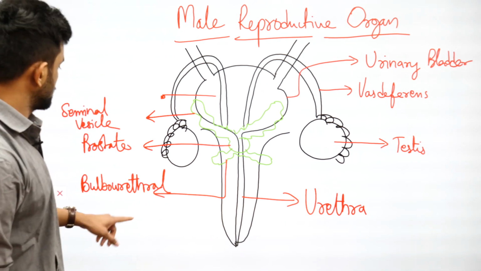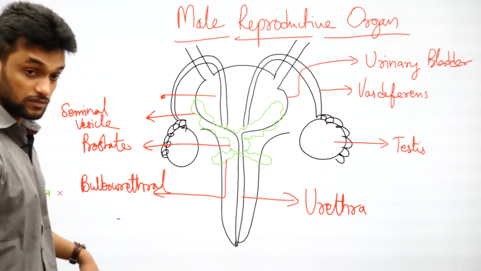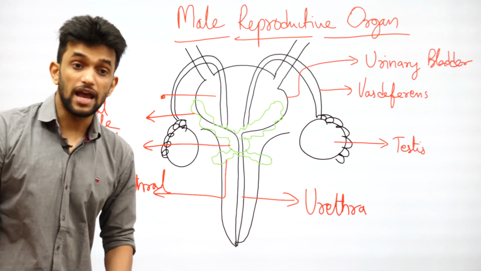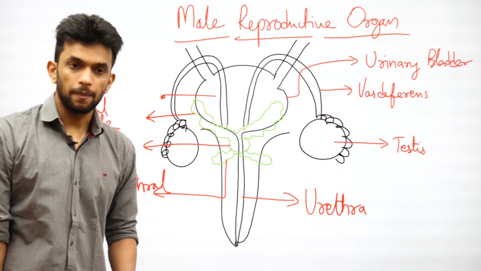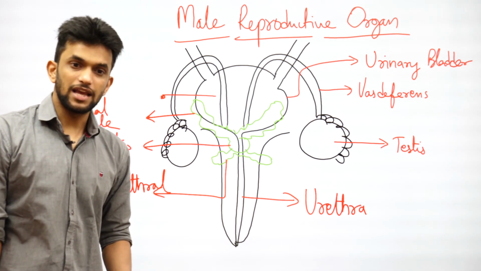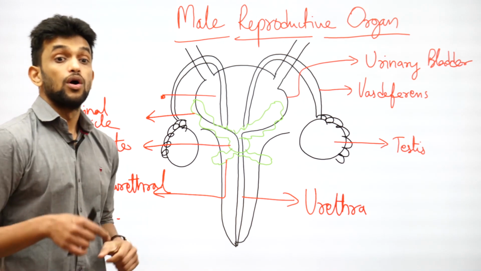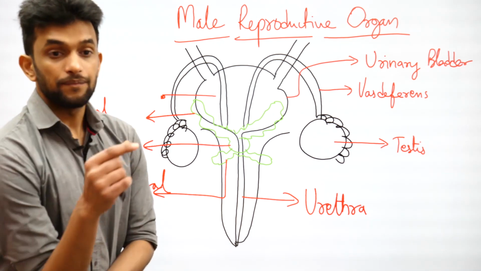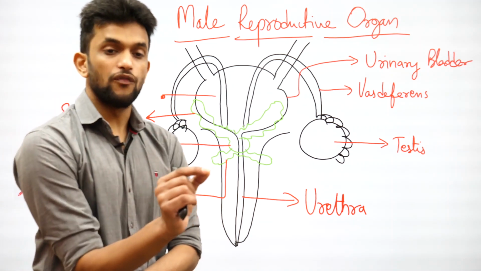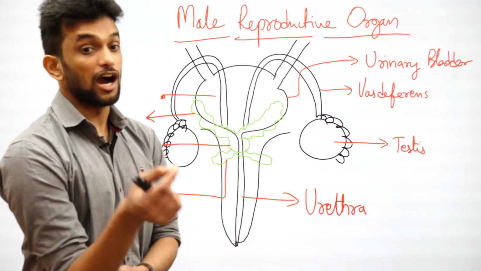You would have studied about vasectomy and tubectomy. What do they do? They end the reproductive life of a male or a female. How do they do that?